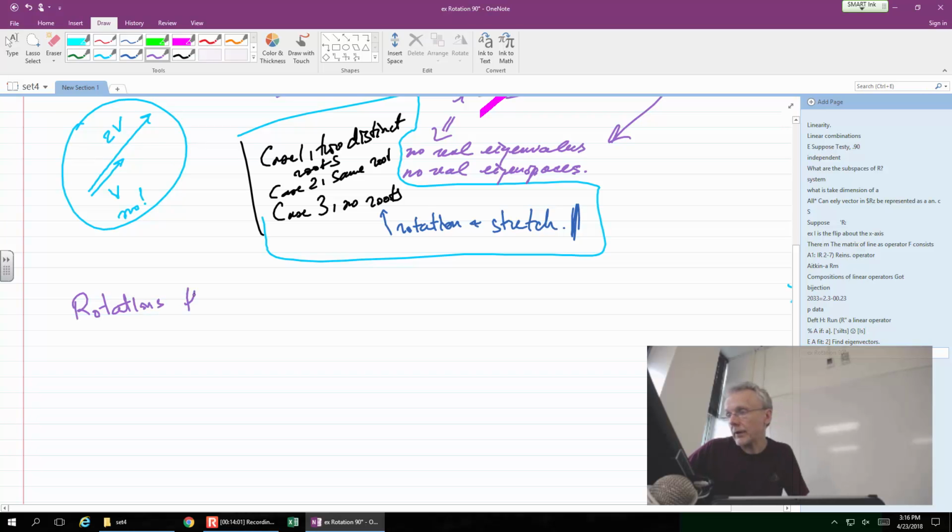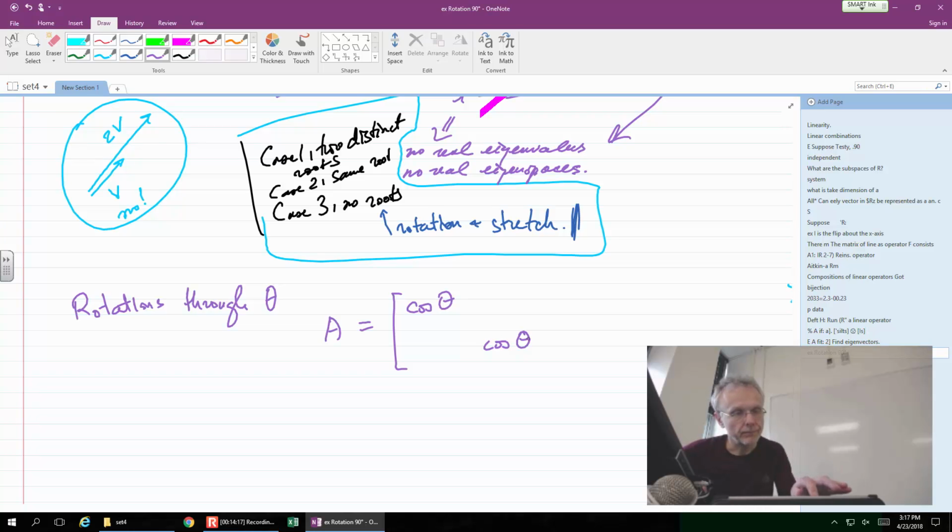So F is a rotation through angle theta. So the matrix, as you might remember, is cosine theta on the diagonal, and sine theta and negative sine theta elsewhere.